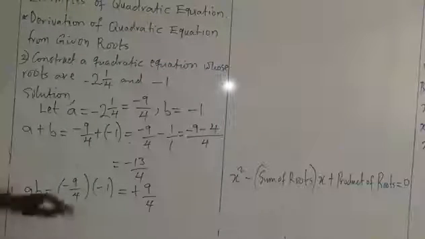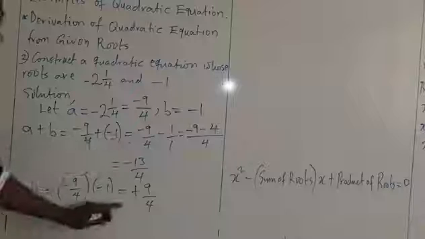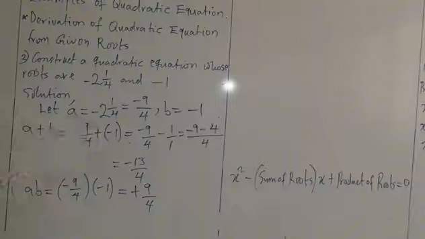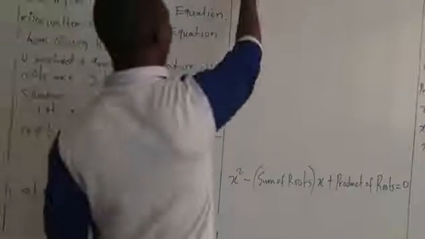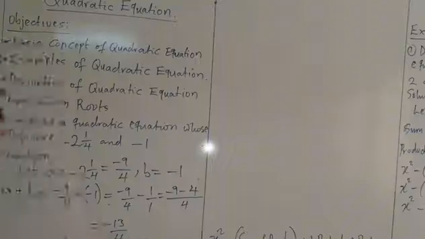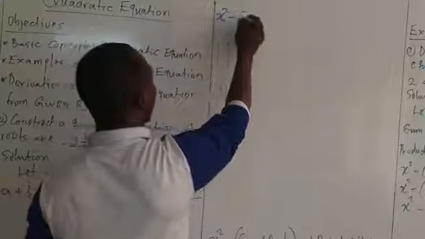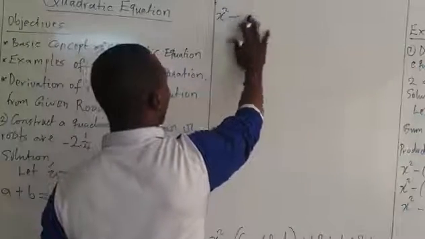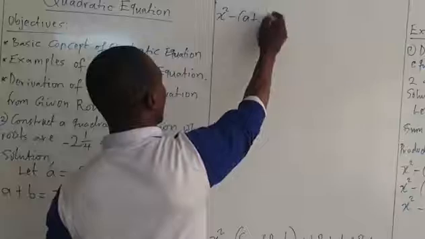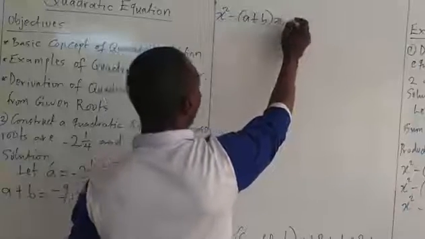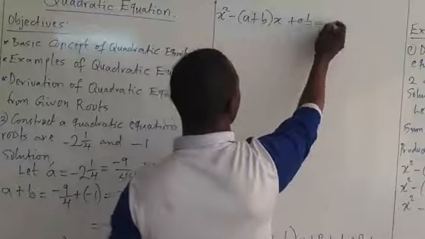So you now put the sum and product of the root into the formula. And what's the formula? The formula is, we are still using the unknown variable x. So we have x squared minus sum of root, or you can say a plus b into x, then plus ab equal 0.